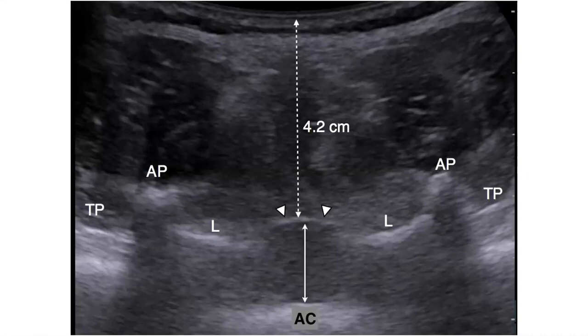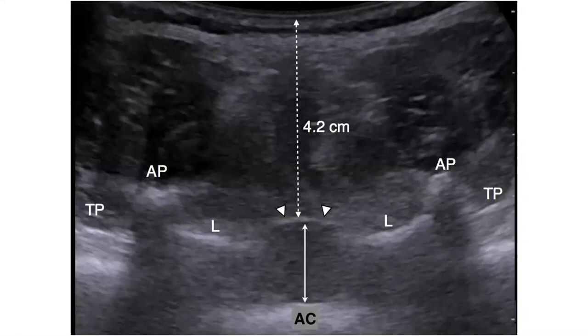Just to bear in mind that because we've applied the probe on the skin, this already causes a depression on the skin. So this will underestimate the distance by about 0.2 to 0.3 centimeters, so 2 to 3 millimeters.